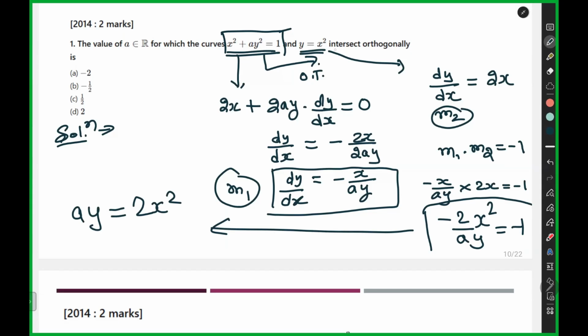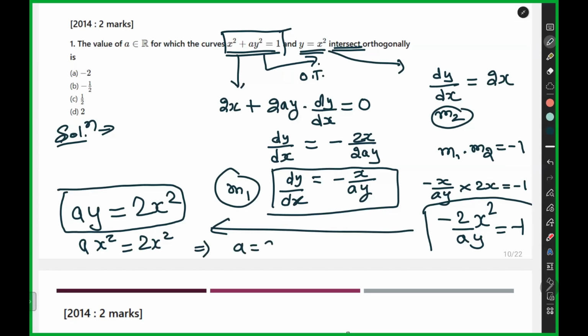This is the intersection point, so it satisfies both of the curves' equations. So we can use y equals to x square here, so ax square equals 2x square, and we get a equals to 2. So the correct option is D. Is this clear to everyone? Yes, sir.